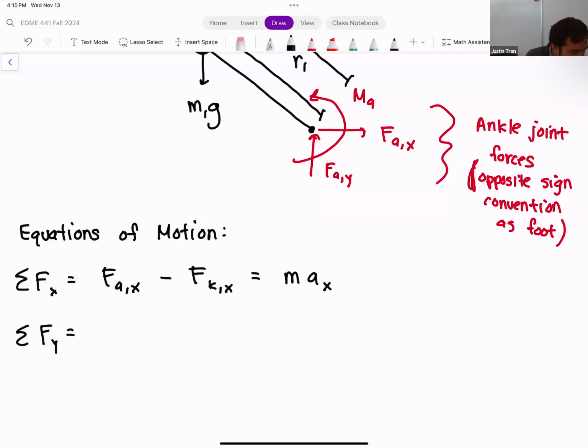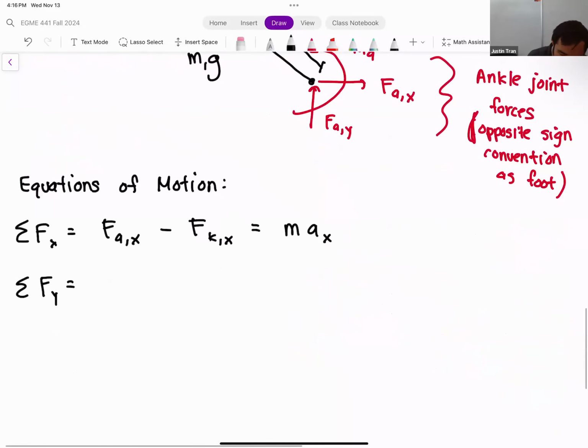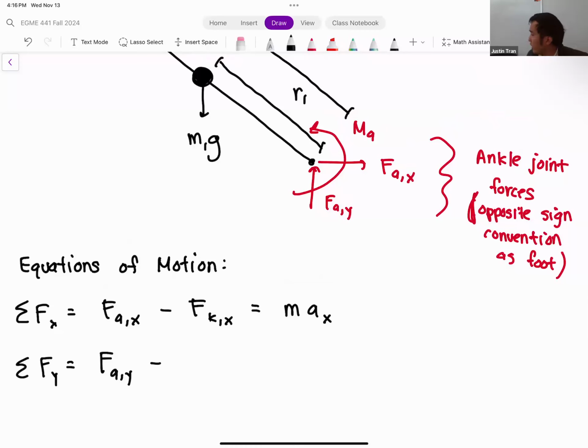Next, we have the sum of the forces in the y direction, where we have three forces. We have FAY going positively upwards. Next, we have the force of gravity acting at the center of mass, so that's a minus m1g.